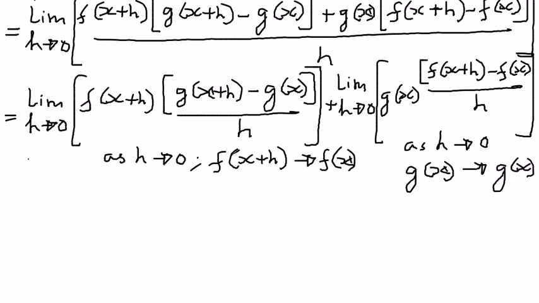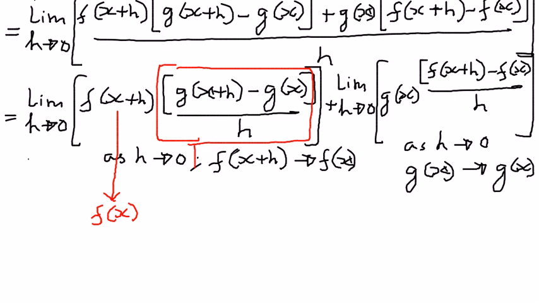Same thing, there doesn't change anything there. So therefore, in here, this f of x plus h, as h approaches 0, changes to f of x, and then this whole expression here, the limit of g of x plus h minus g of x, the whole thing divided by h, this is nothing but g prime of x.